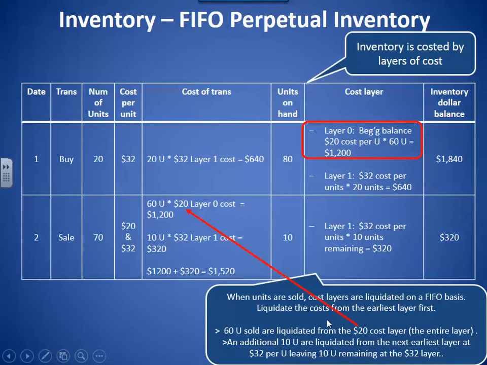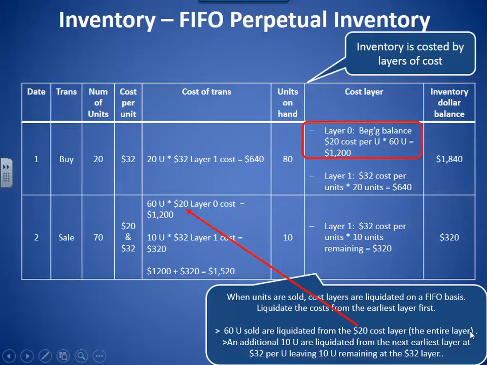So the first thing we do when we want to cost this transaction is we cost out the first layer of cost, which is layer 0, and there's 60 units sitting there at $20 a unit. So we sold 70 units, so that means we have to liquidate the entire layer, where we're saying is 60 units sold or liquidated from the $20 cost layer, which is actually the entire layer, so layer 0 goes away.